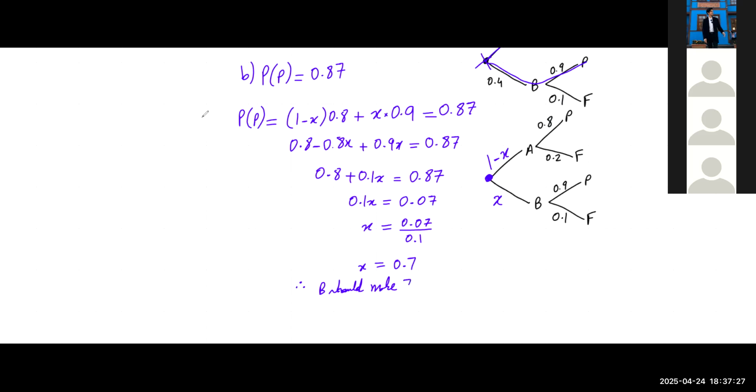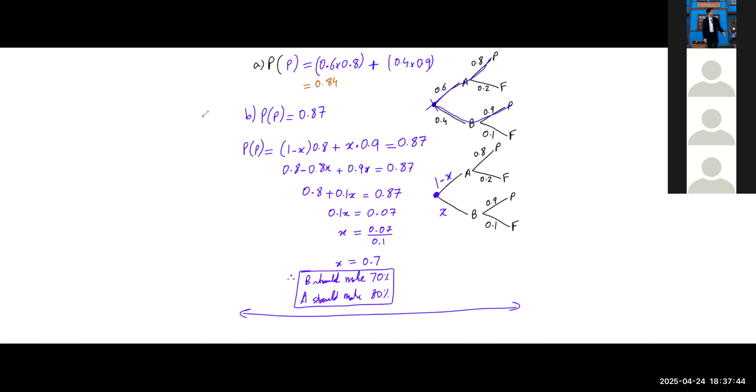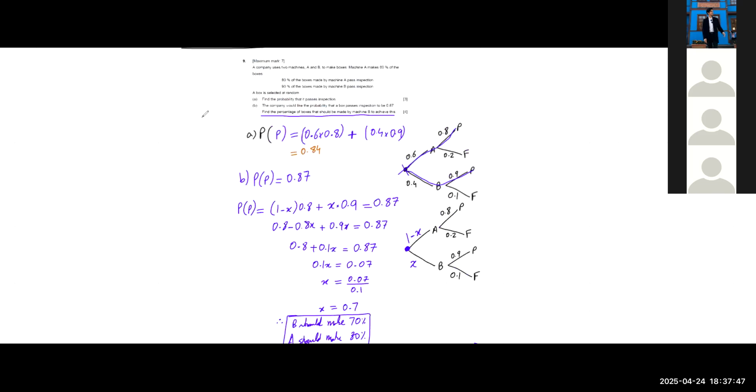Which means that, for example, A should make how much? 30. Exactly. I was actually going to say 20 because I'm bad at mental math, but that's basically it. So, is this clear? Yes. Perfect.